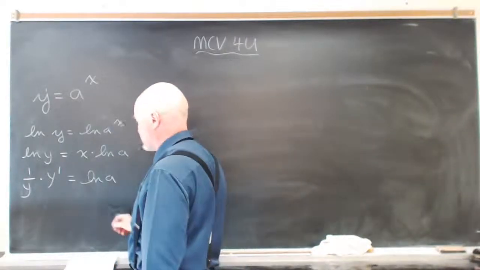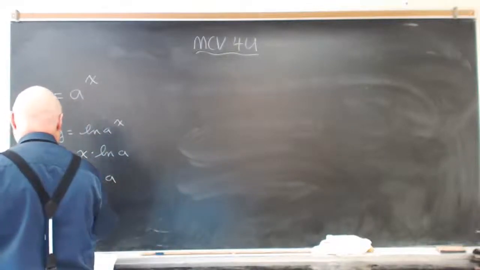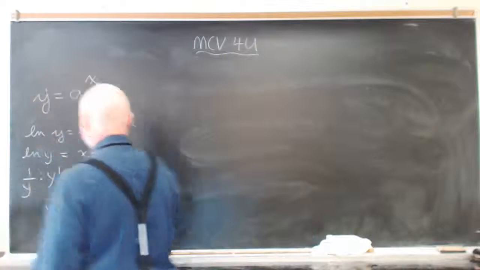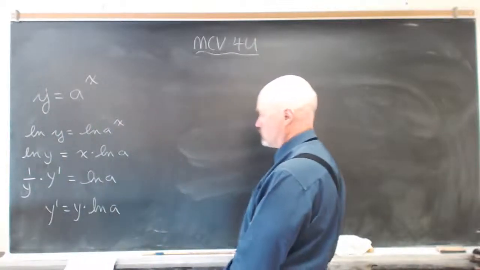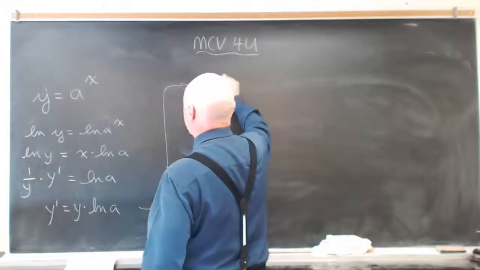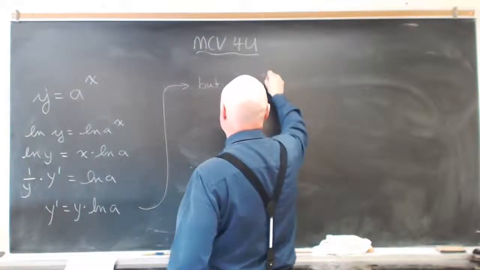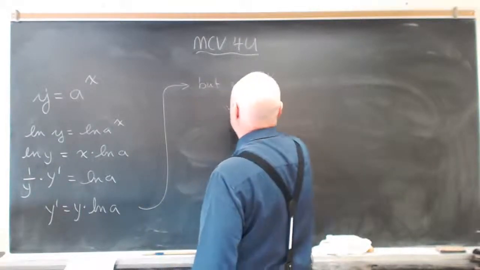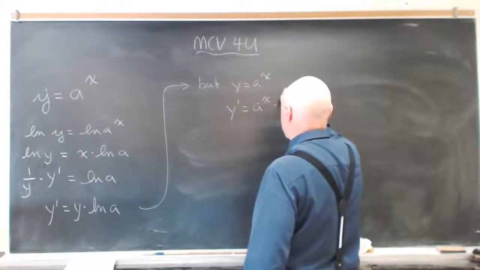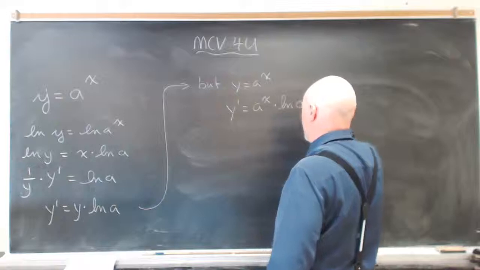So now we just have to isolate y prime. But y is equal to a to the exponent x, and so y prime is equal to a to the exponent x times the natural log of the base.